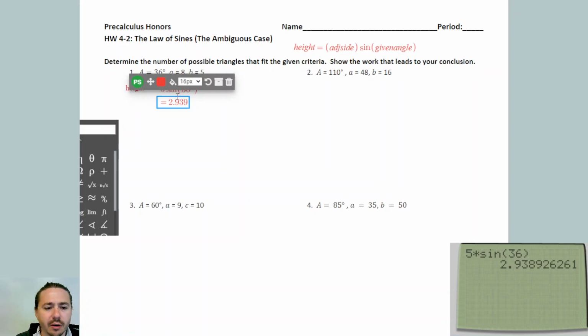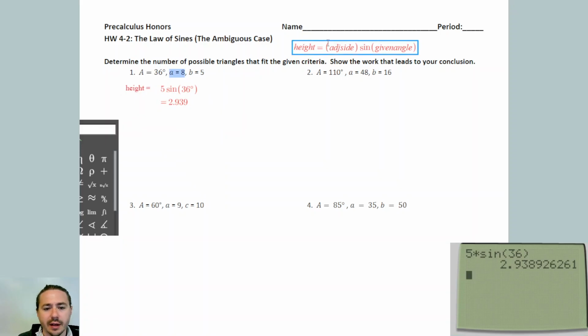Really all we care about is whether this opposite side is bigger or smaller, and depending on what happens, we'll make our determination. Let me write out the 4 cases here so that I don't have to keep referring back.